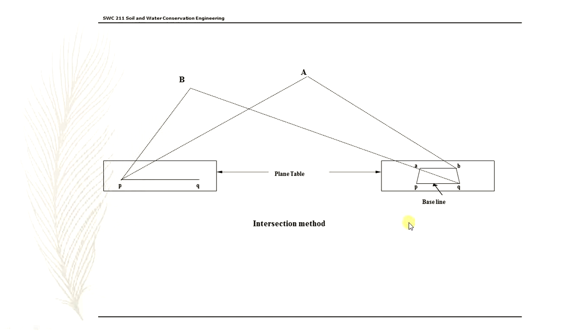Next we shift the table to Q and then sight QA and QB, and after intersecting with each other we get the actual AB length, and this AB distance we compare with the length taken on the ground.